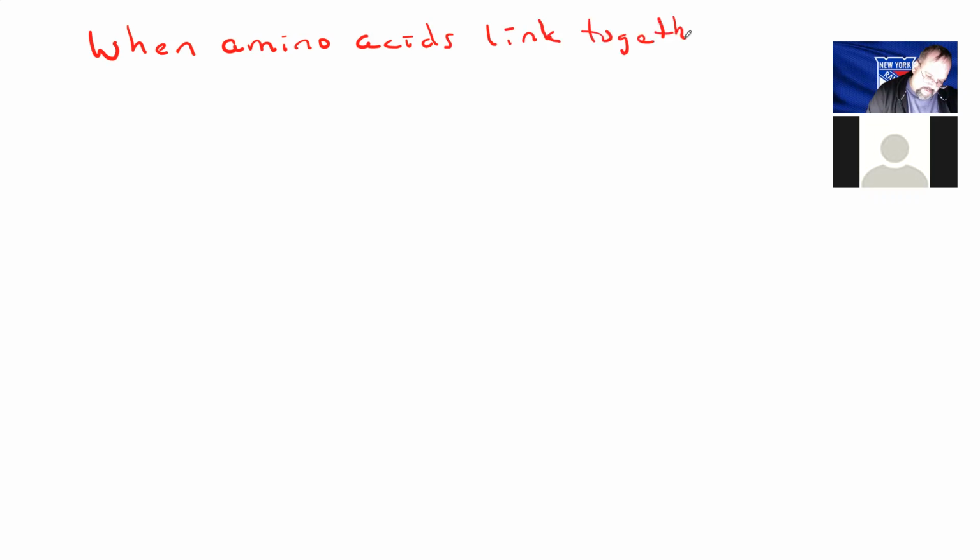So last time we finished up by talking about amino acids, and now let's talk about how amino acids link together. When amino acids link together, we get what are known as peptides.